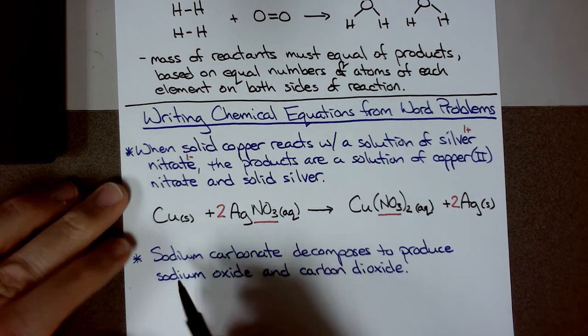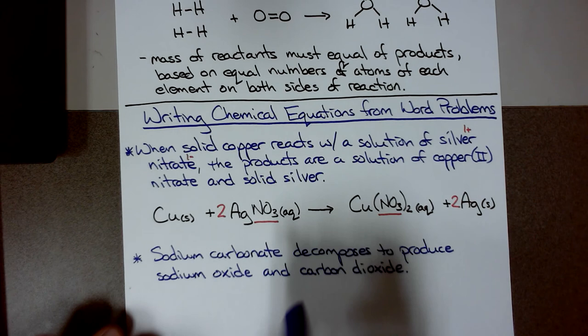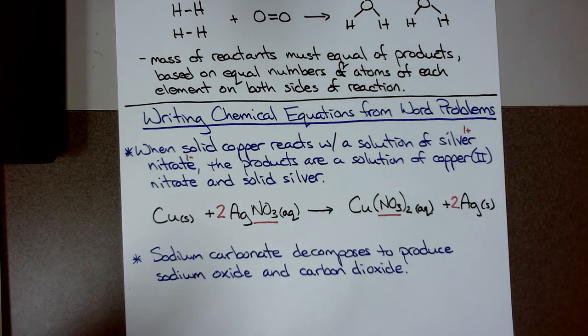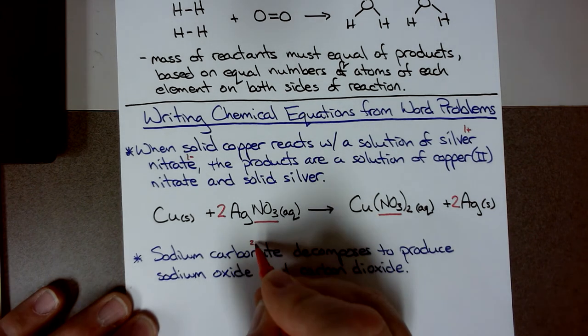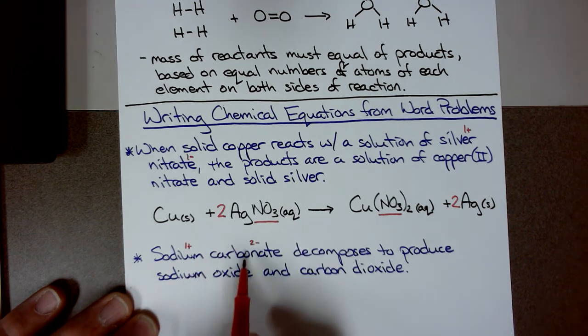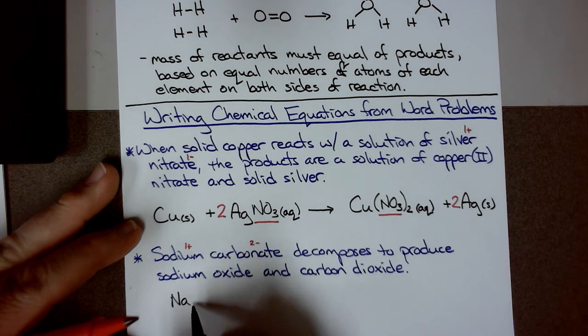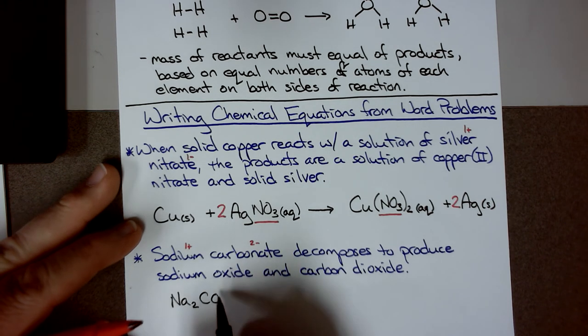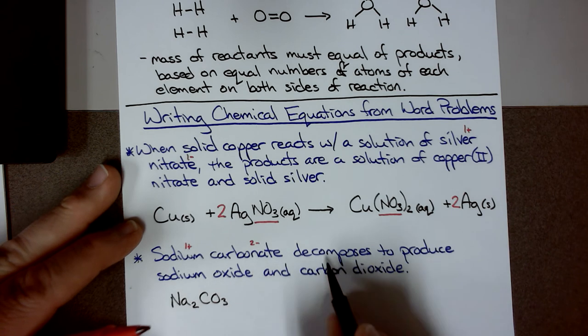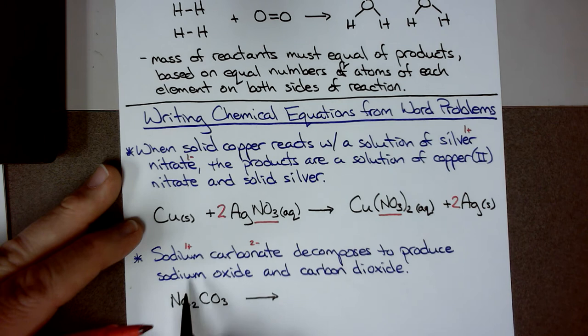And so we have sodium carbonate. Now we know that carbonate is a 2 minus and sodium's a 1 plus, so that means I need 2 sodiums to go with the 1 carbonate. So that'll be Na2CO3, decomposes to produce, so now it's reacting to produce sodium oxide.